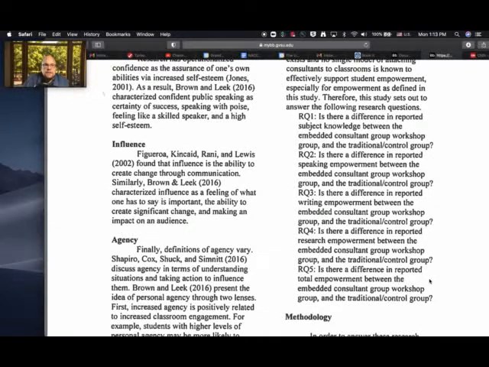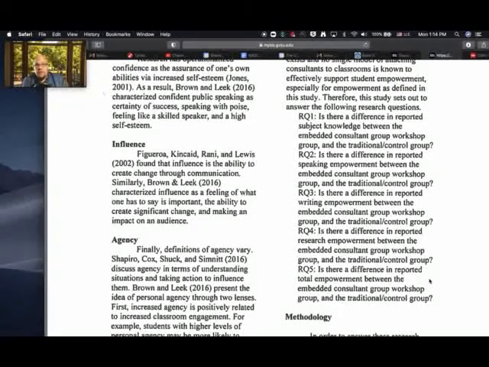So I knew a lot about what kind of work my consultants do. I know a lot about what embedded consultants are, how they work, and how that has been effective or ineffective in the past with other models. But what I don't know is about this particular group and this particular peer consulting style.